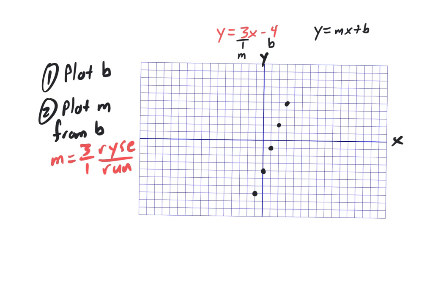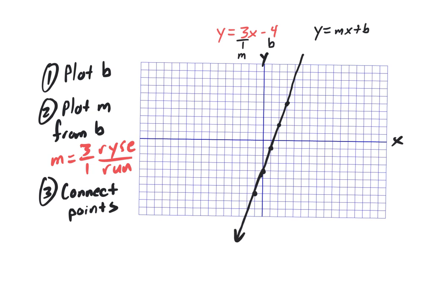Usually 2 or 3 points is sufficient, but in this case, I just kept going, and you could keep going if you wanted to. And then my final step, step 3, is to connect your points and make your line. And that would be our graph.